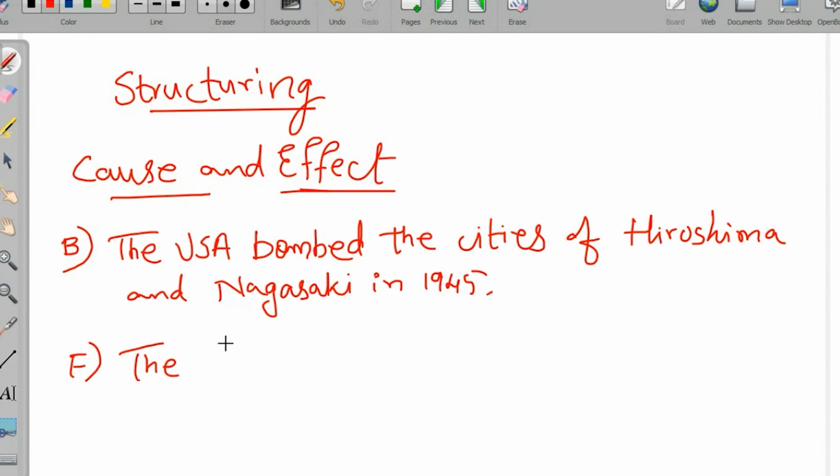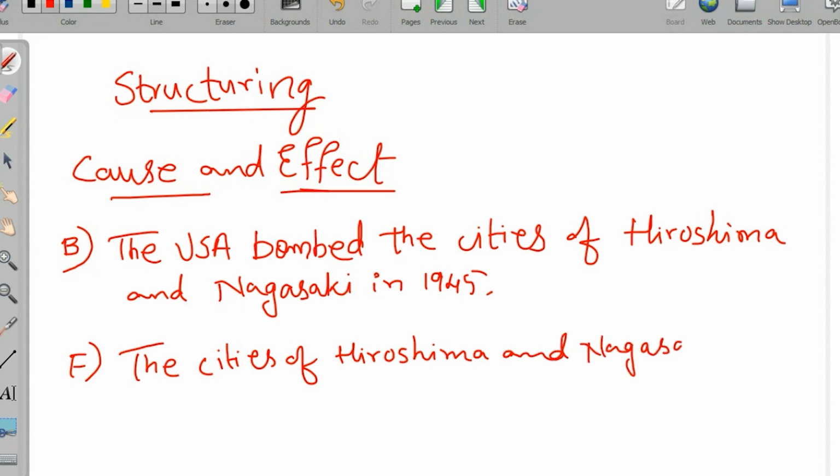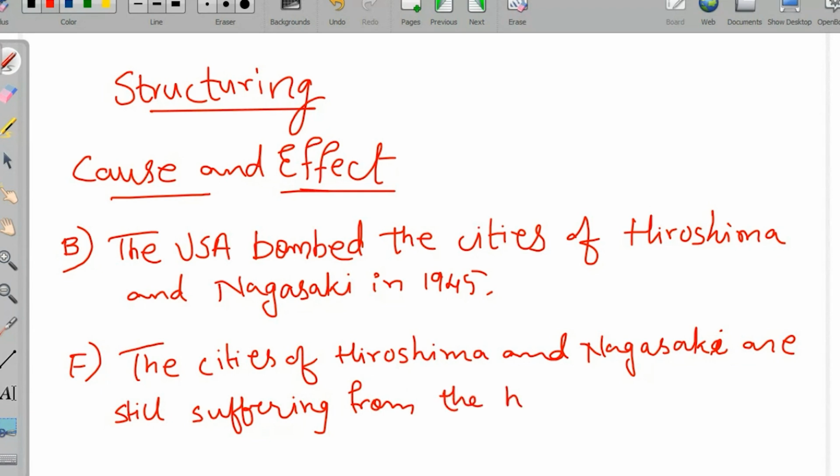the cities of Hiroshima and Nagasaki are still suffering from the harmful radiation of nuclear bombs.